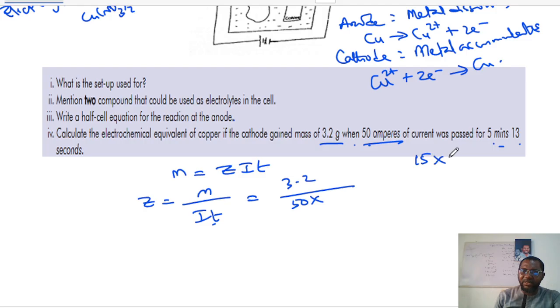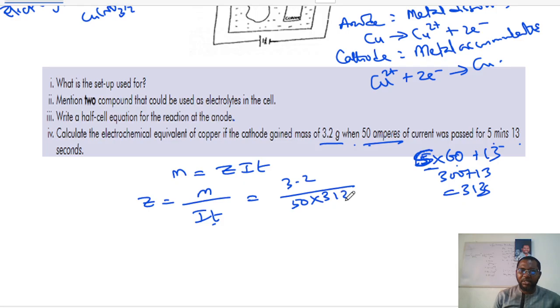15 minutes 13 seconds means 15 times 60 plus 13. That's converting it. 15 times 60 is 900 plus 13. That will give us 913 seconds.